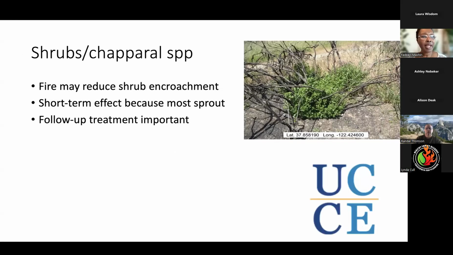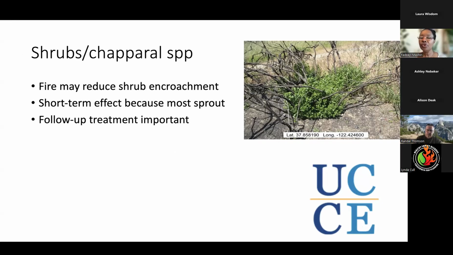The other plants that I also wanted to talk about are the shrubs or chaparral species. Fire could knock them back. Fire may reduce shrub encroachment for a little bit, but the effect will be short-term because most of these shrubs really sprout after the fire.